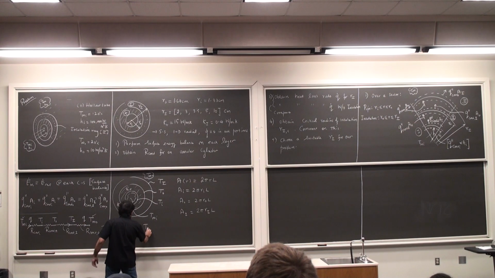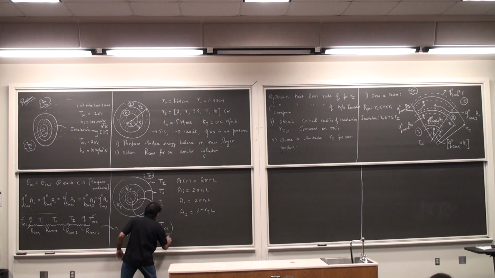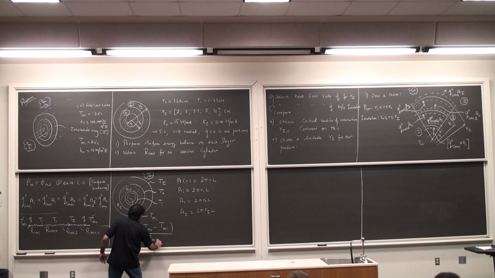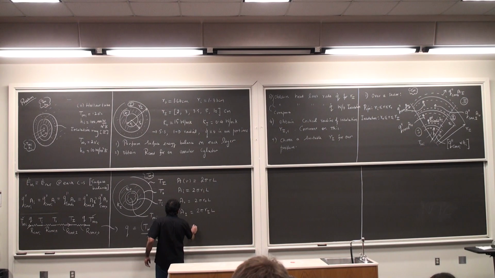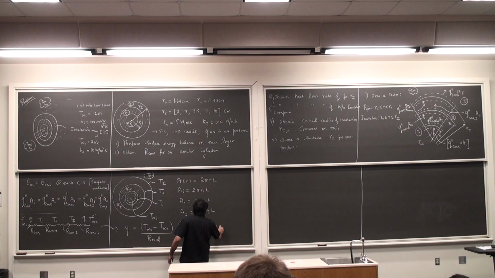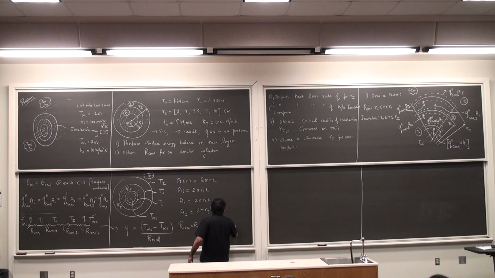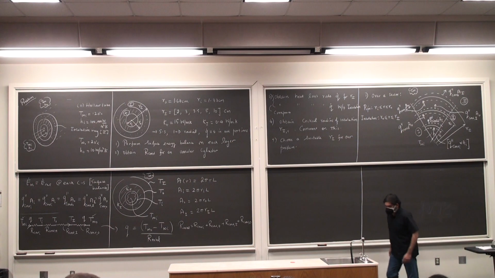So from here, Q is T infinity naught minus T infinity I by R total, where R total is nothing but the net resistance of all these resistors in series, which is the algebraic sum: convection I, conduction T, conduction I, convection O. So that's our total.